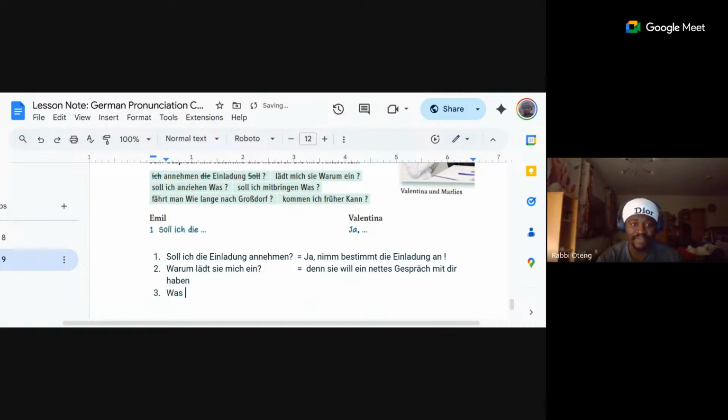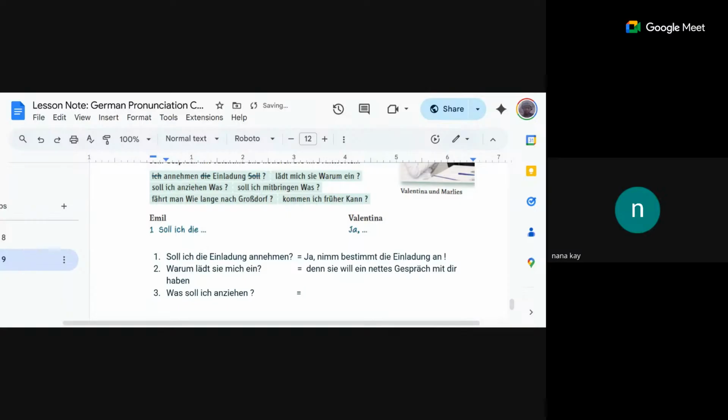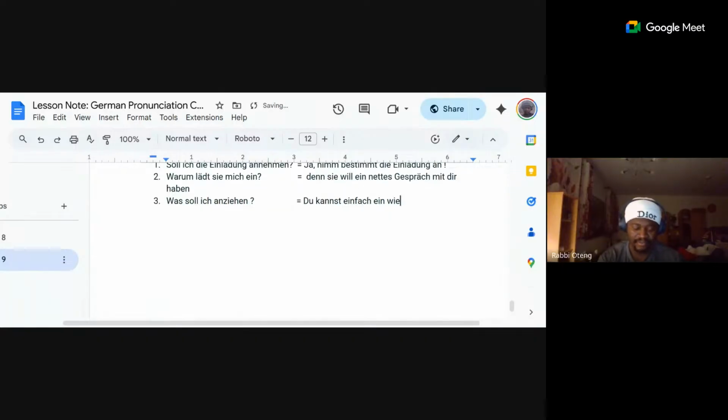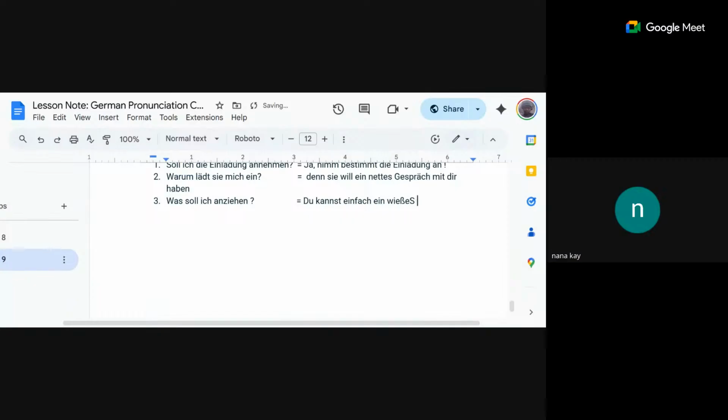Und was soll ich anziehen? So you can also say was soll ich mich anziehen? You can use anziehen reflexive. Then you reply: du kannst einfach ein weißes T-Shirt und eine blaue Hose anziehen.